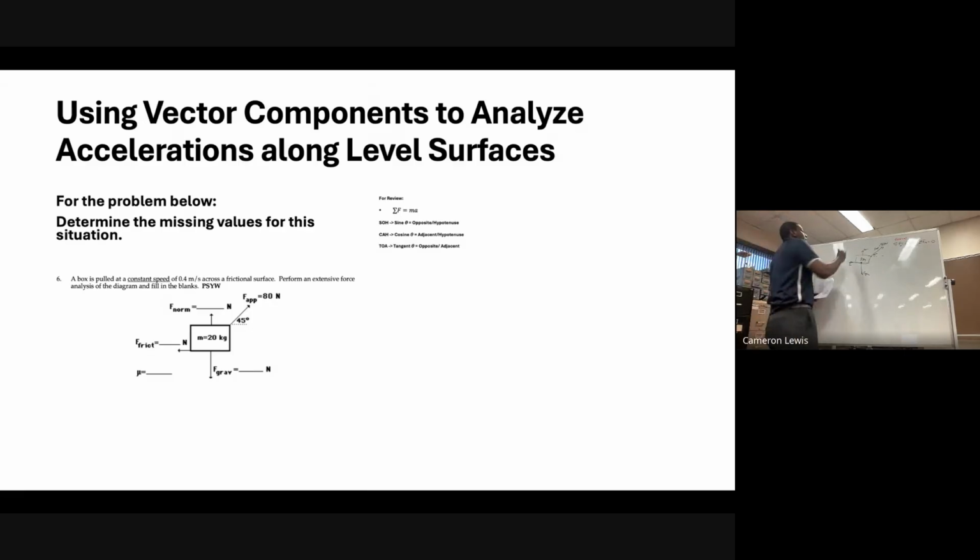And I'll give you one more. Frictional force is equal to... no. The coefficient of friction is equal to the normal force divided by the frictional force. I believe that's right.